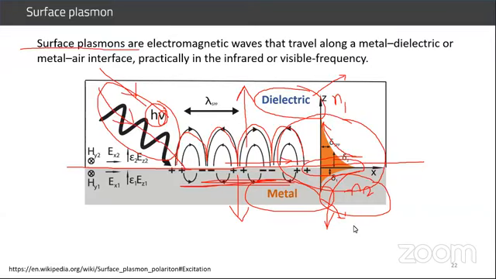Well, yeah, I hope that's clear, because this is a huge topic. This is the whole research field. So it's hard to tell you everything in one slide, but I just wanted to tell you the gist of the surface plasmon idea of what happens.